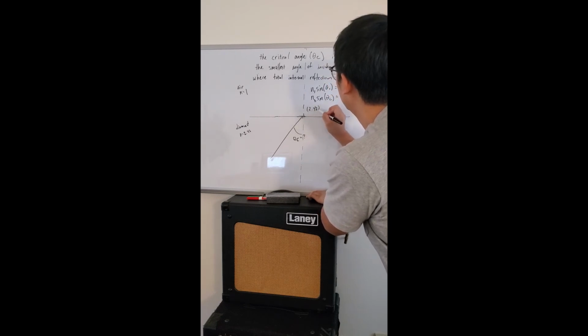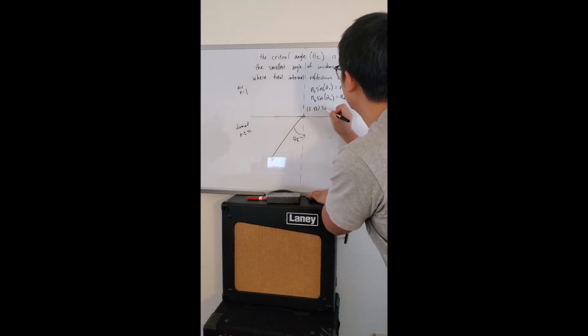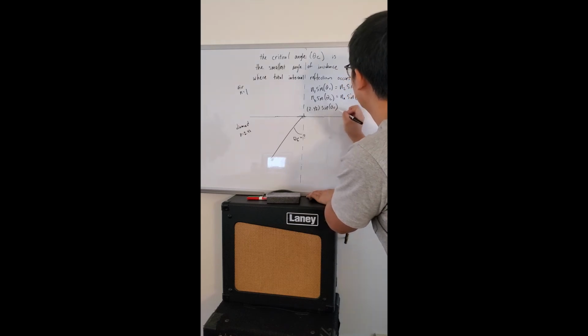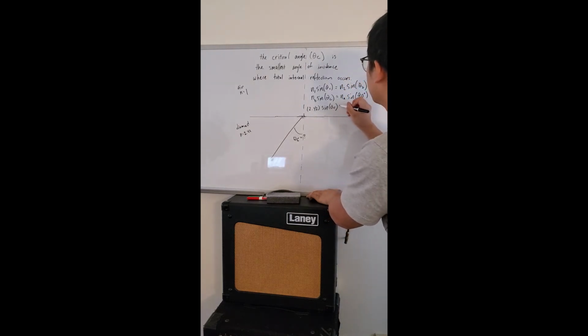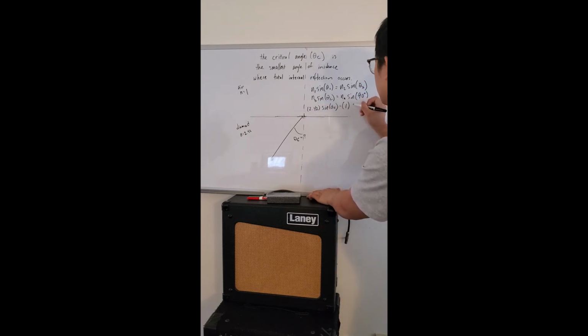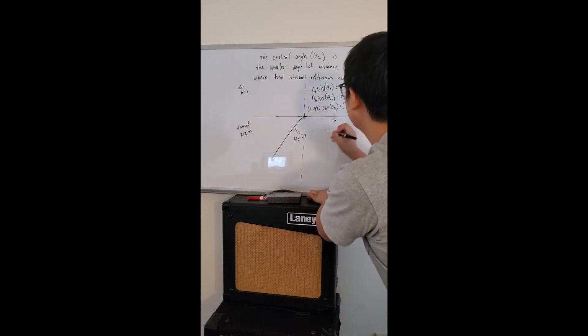2.42 times the sine of theta c is equal to, if we substitute in the index of refraction for air, beautiful, it's 1 times, as we said earlier, the sine of 90 is also 1, and 1 times 1 is equal to 1. Oh, let's move this down here.